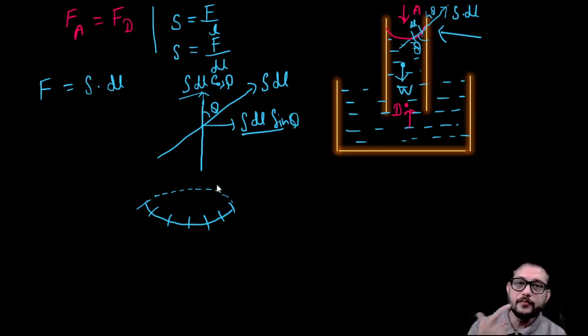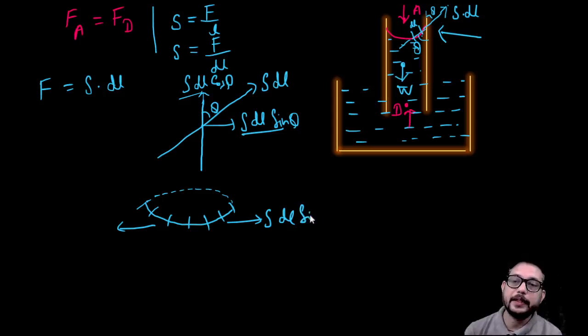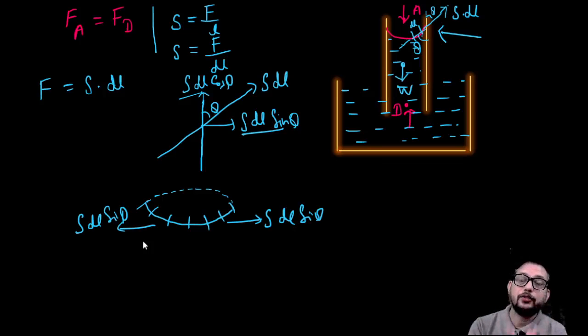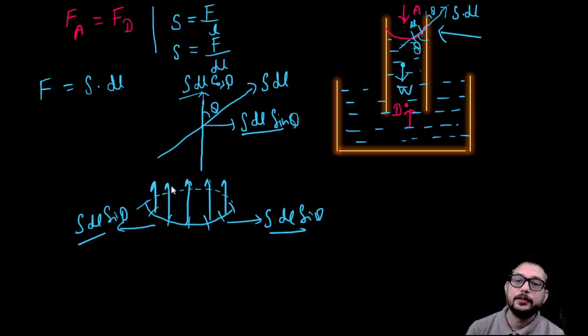The elements on the right side and the left side have S dl sin theta each, and because of symmetry these two cancel each other out, but all the forces in the vertical direction will add up, so it will be S dl cos theta.